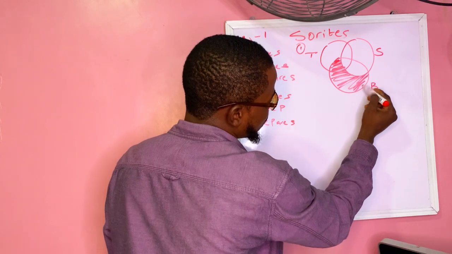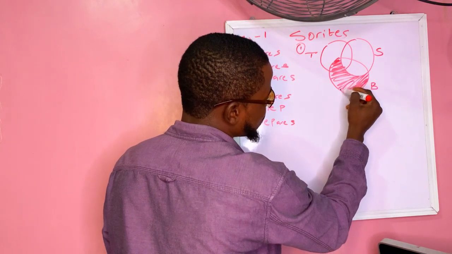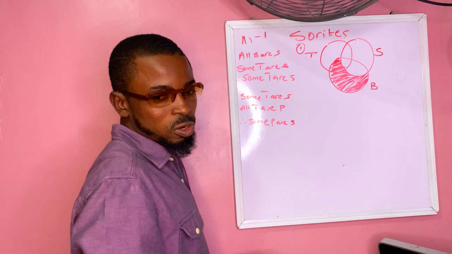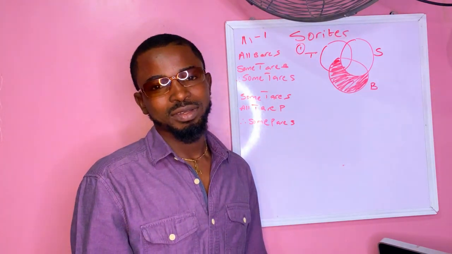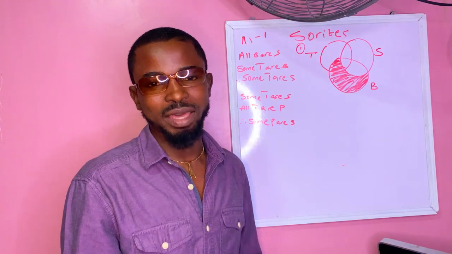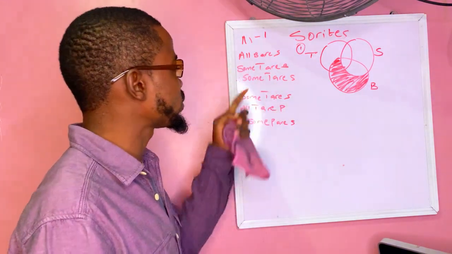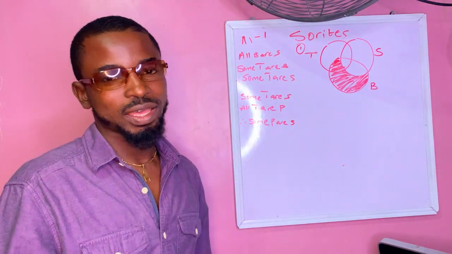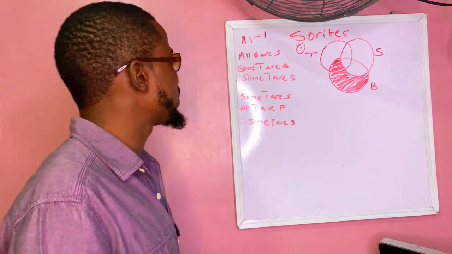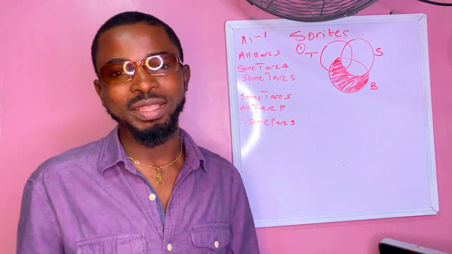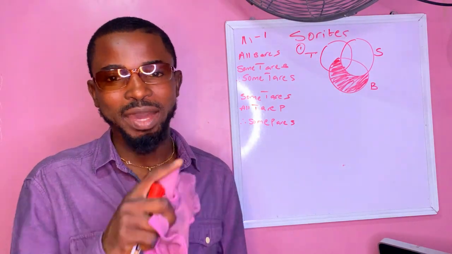Shading it off signifies that this particular place is empty. So if I say all B are S, that means there's no B that is not S. So any B that is not S is empty. I just shaded it off because the proposition states that all B are S. Then the next one says that some T are B. What I just need to do, for some T are B, is to look for where T and B come together and put X there.